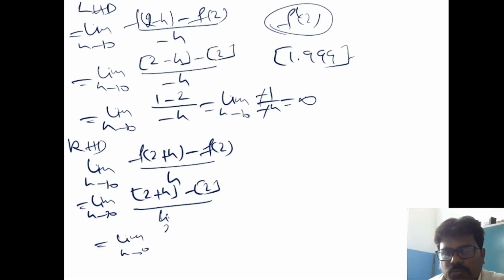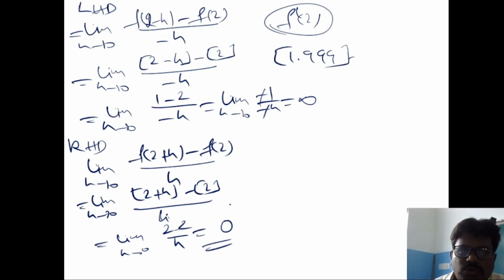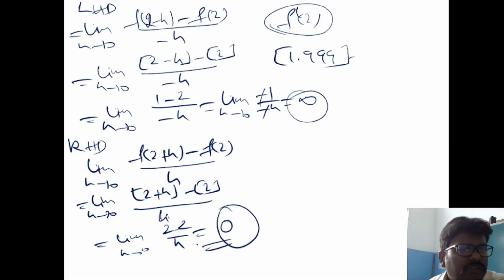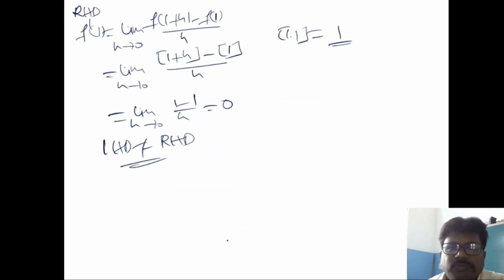So here 2 minus 2 divided by h, okay, the denominator is h. As we know 2 minus 2 is 0, so the right hand value is 0. So here you can clearly observe infinity is the left hand derivative and the right hand derivative is 0, so they are not equal. So hence left hand derivative is not equal to right hand derivative. So this is not differentiable at x equals 2.